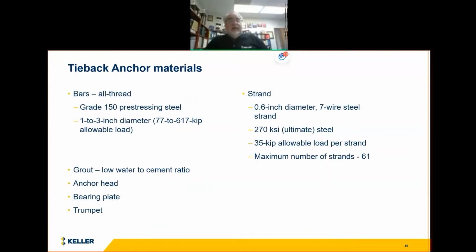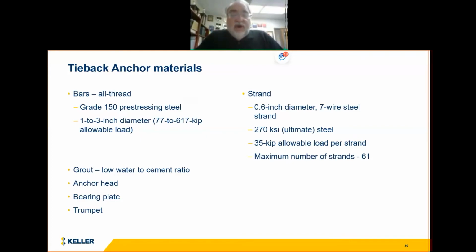The tiebacks themselves, the drilled anchors, can either be bars or strand. Typically, we use a grade 150 pre-stressing steel bar, all thread. They're available in some very large sizes these days. Typically, the larger sizes are used more for micropiles than for anchors because they're so heavy to place down an angled hole.